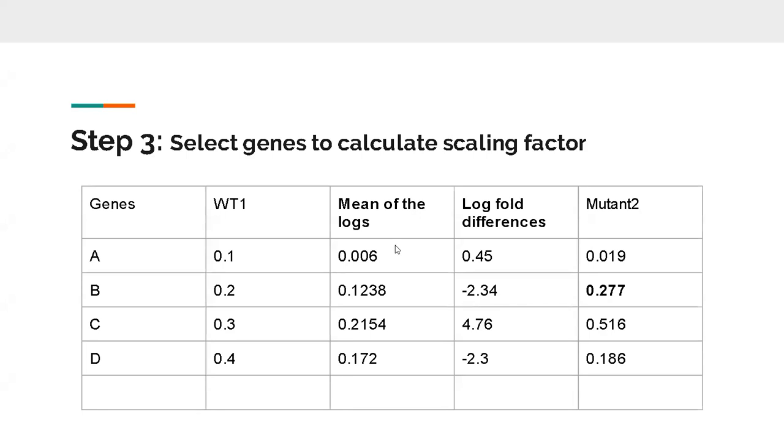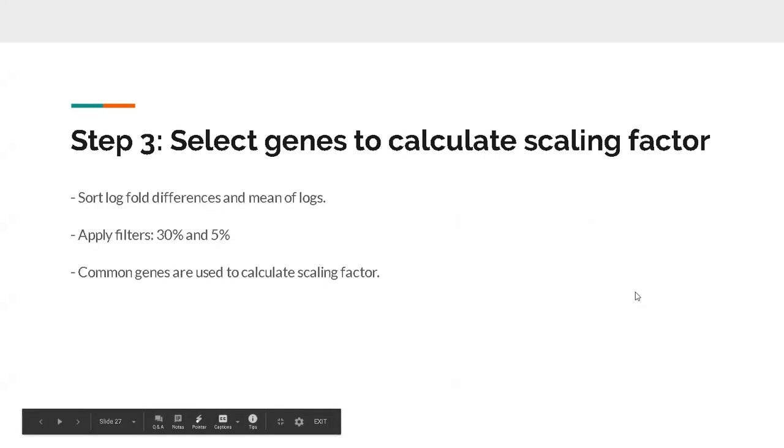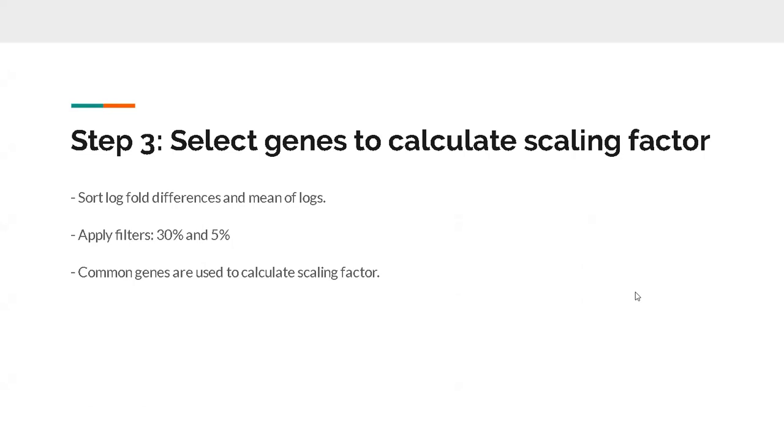For mean of logs, it would remove the top 5% and the bottom 5%, and you will be left with some of these genes. How they arrived at this number is, all they say is that empirically they have seen that a 30% cutoff or a 5% cutoff works for most analyses, but they have also given an option where you can change these filters.